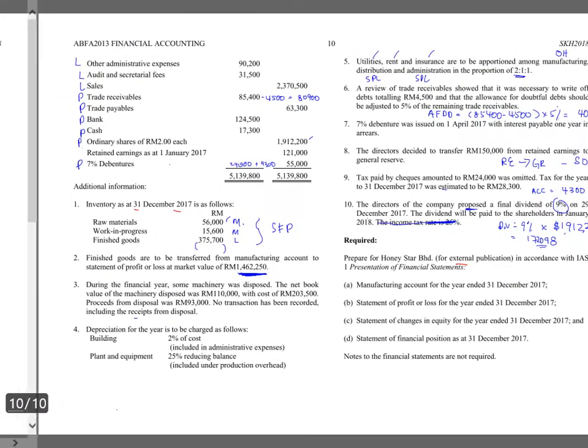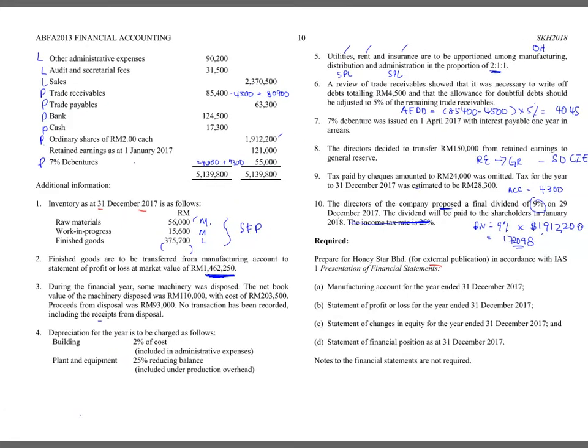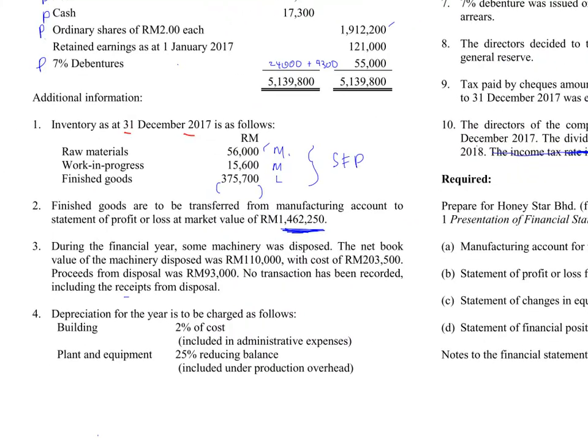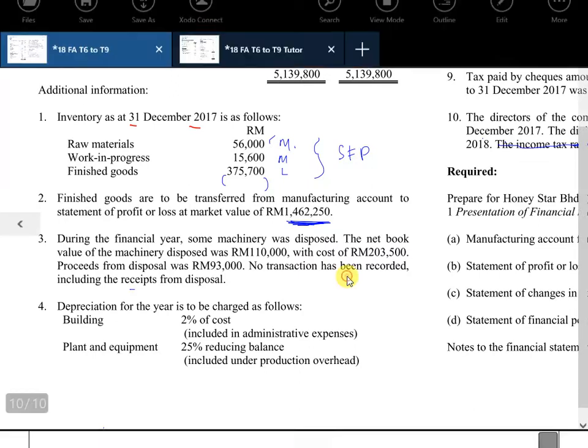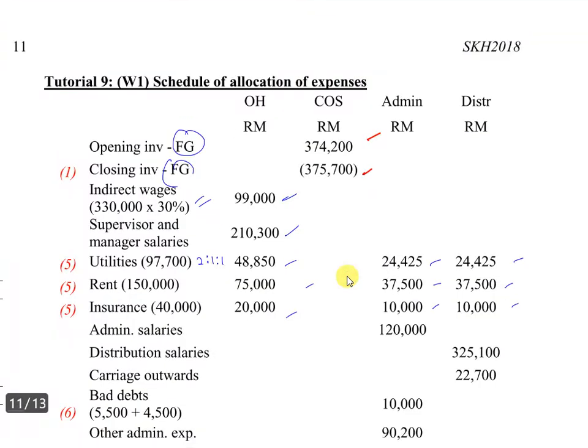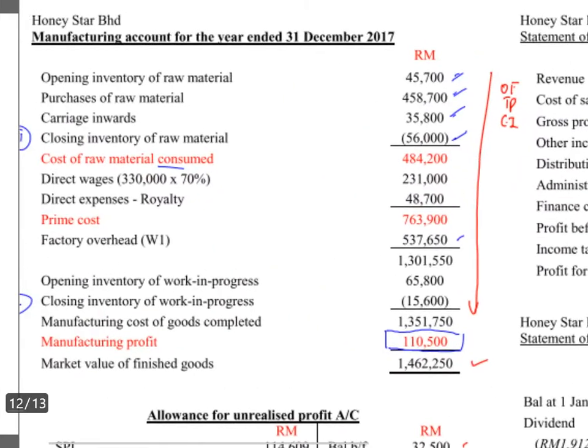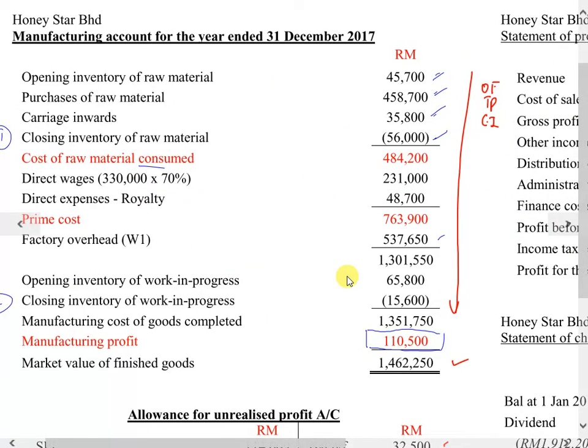Note 3. Note 2 first. 1462. Meaning we are ready, let's say we calculate all the way to here, including opening, including closing raw mat, WIP. Different students may have different answers, correct or not? Possible.